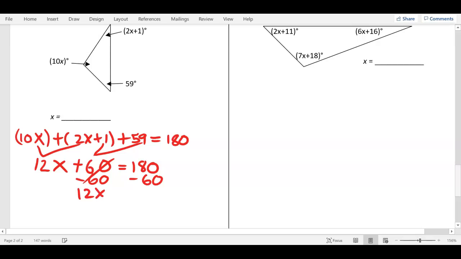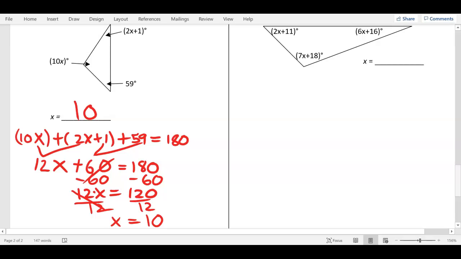So 12x equals 120. Last step, to get rid of a coefficient, 12, that's multiplying the x, what's the opposite of multiplying? Divide by 12. And we get 120 over 12 is 10, okay? You see how it's doable.